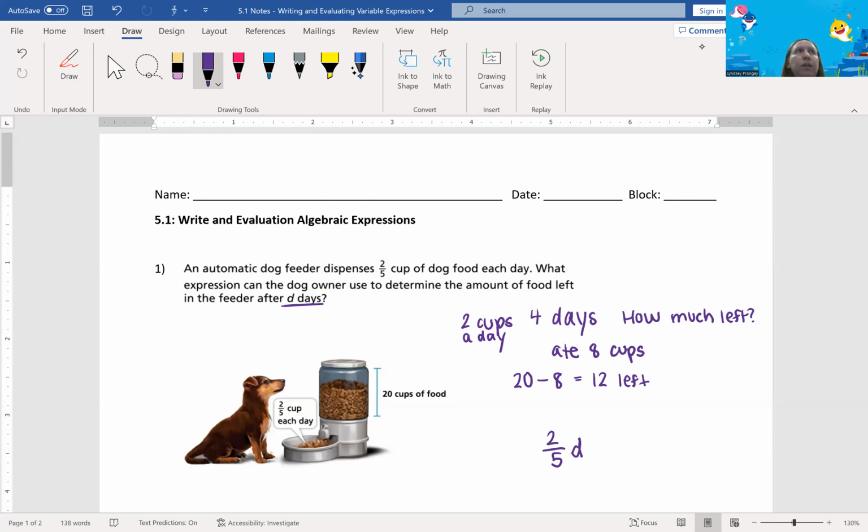That's going to tell you how much this dog ate. And then from there, if we're trying to figure out how much was left, we would take that amount and subtract it from the original 20 that we had. And that is our expression for how much food will be left in that automatic dog feeding dispenser.